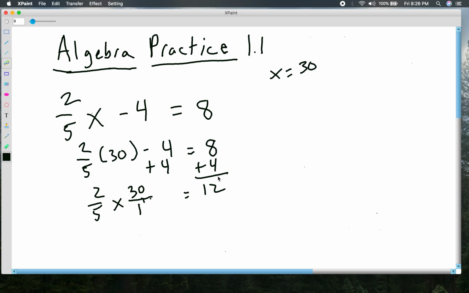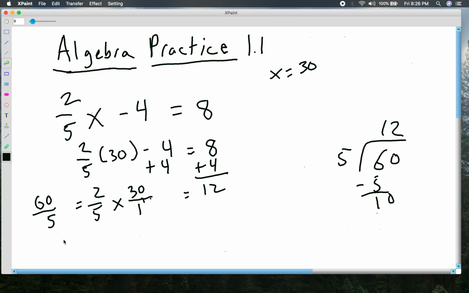Okay, and I'm going to go ahead and go this way with it. 30 times 2 is 60. 5 times 1 is 5. 60 divided by 5. Okay, it goes up once, minus the 5, 1. 5 goes into 10 twice, is in fact 12, which is equal to 12. Yay! So 30 as x is the correct answer.